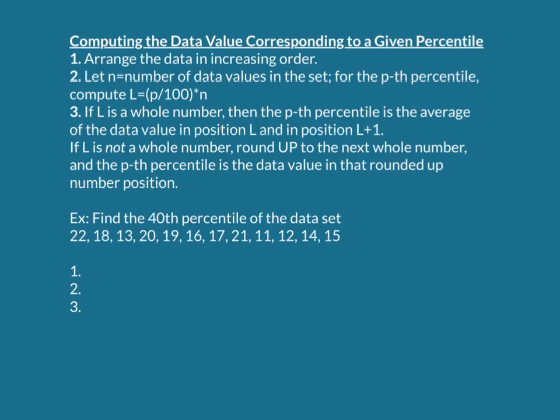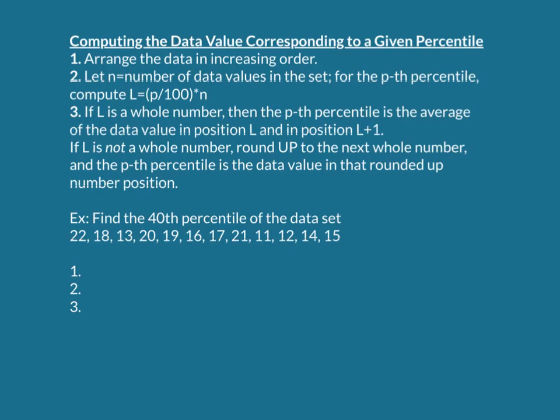Computing the data value corresponding to a given percentile. First thing you have to do is arrange the data in increasing order. Then you count the number of data values in the set and let that be represented by the variable n. If looking for the pth percentile, we compute L equals P divided by 100 times n.